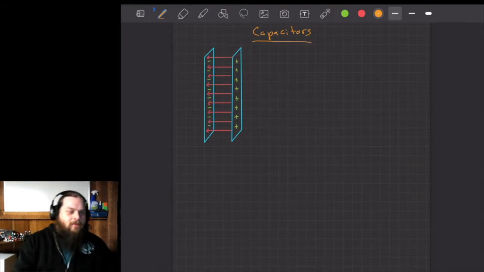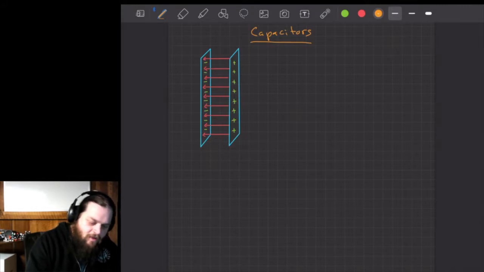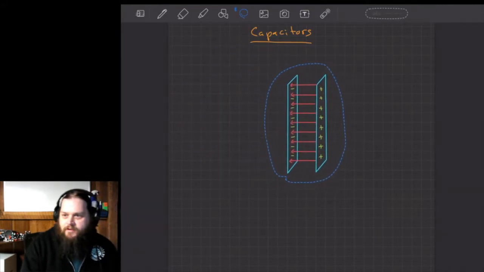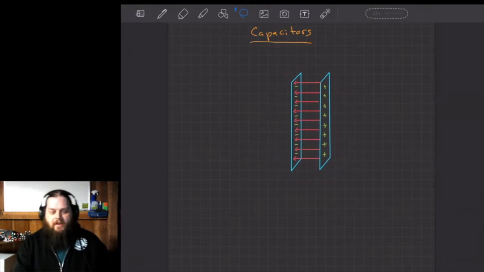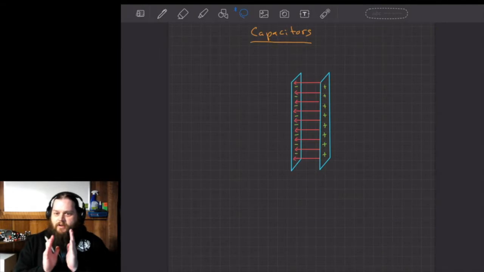So let's start off with what is a capacitor. A capacitor is essentially two charged plates. You can see I have two charged plates drawn on my screen here. One plate is positively charged, the other one's negatively charged, giving you a uniform electric field going between them.